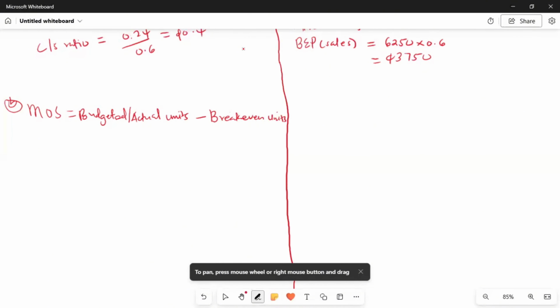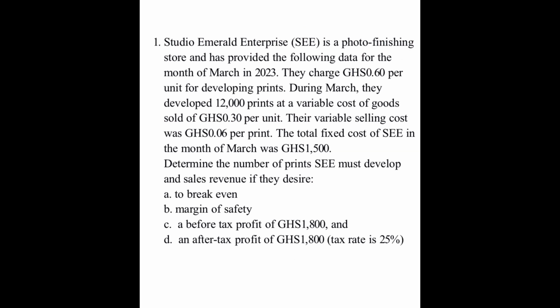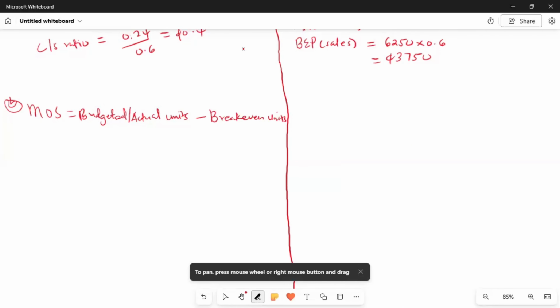When you look at the question, the units we have there, they said during March they developed 12,000 prints. So that would be our actual units. So 12,000 minus the break-even units, which we know is 6,250.